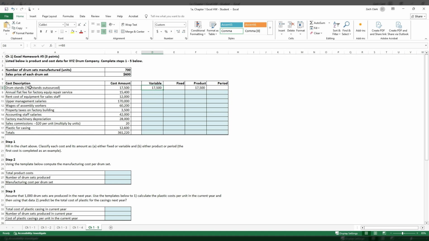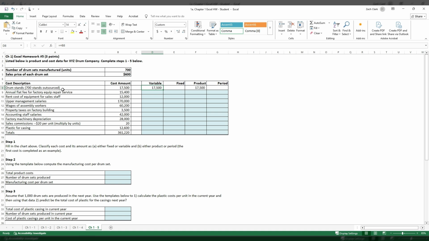So drum stands, which are a component of the finished drum set, essentially a raw material. We would take the $17,500 and classify that as variable because for each additional drum set we create, an additional drum stand is needed.